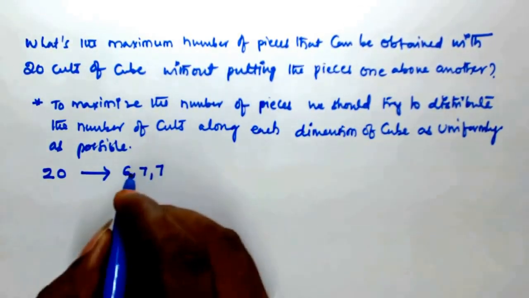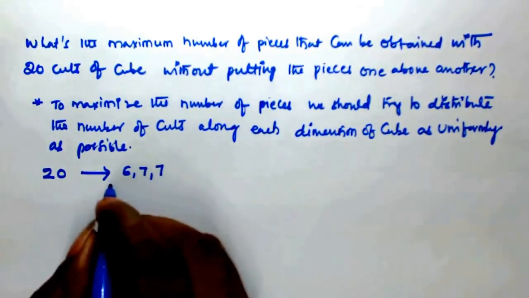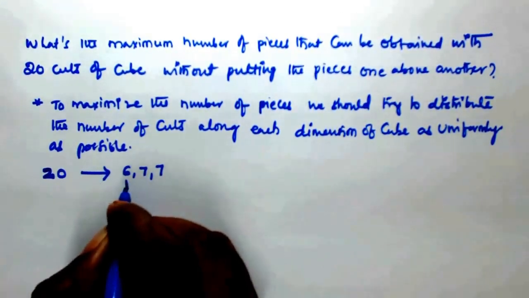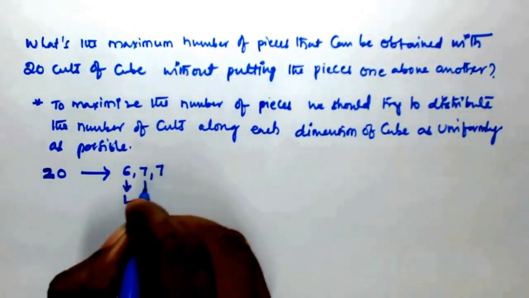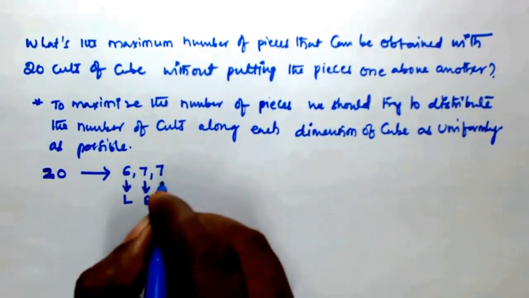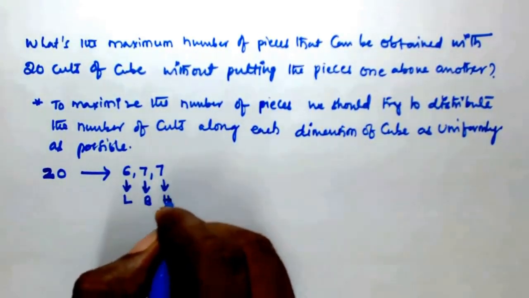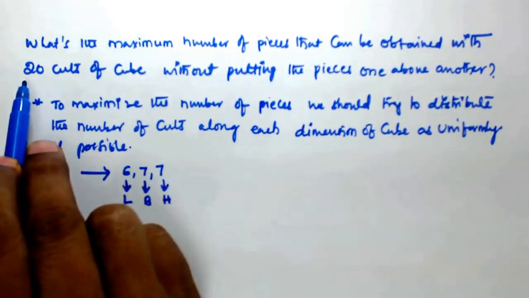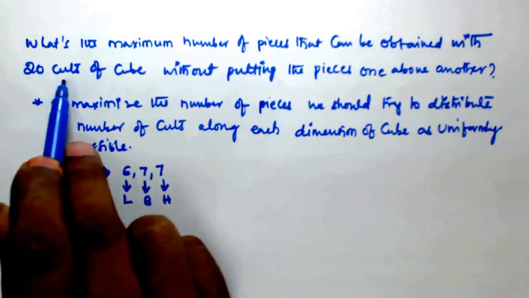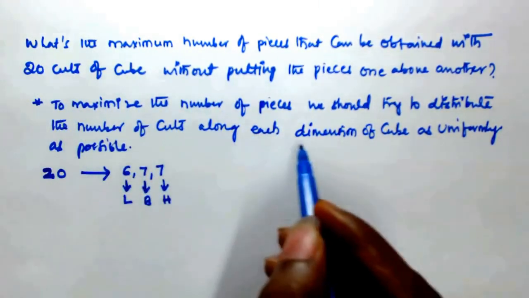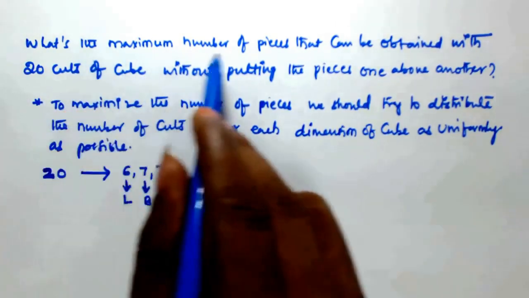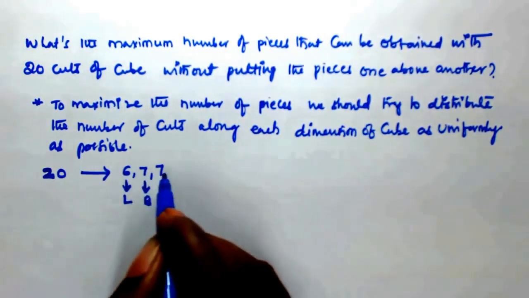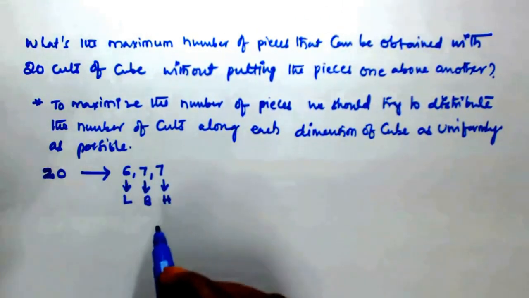So we make 6 cuts along length, 7 cuts along breadth and 7 cuts along height. When we distribute the given number of cuts as uniformly as possible along each dimension of the cube, only then will we get the maximum number of pieces.